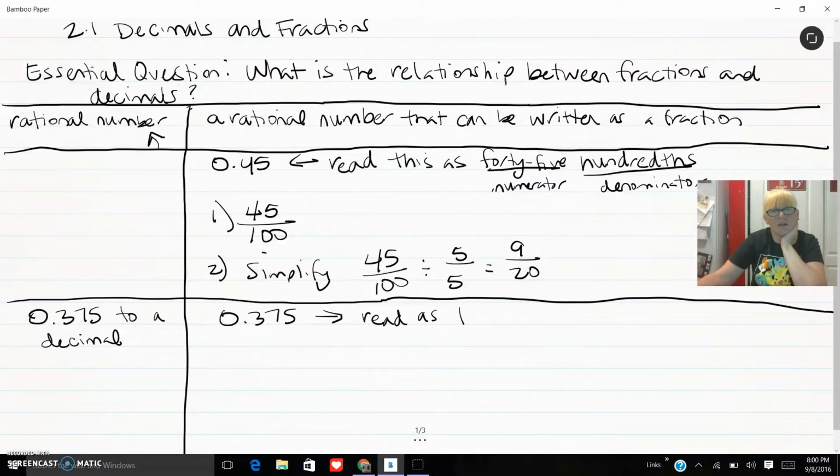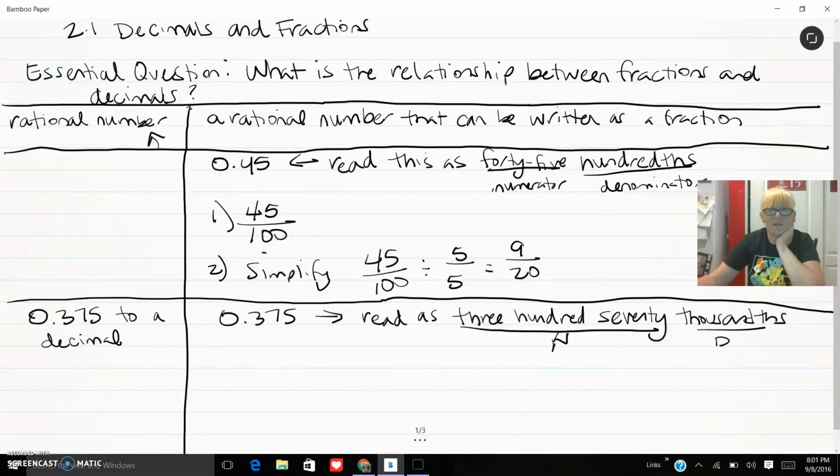And that is 375 thousandths. Okay, again, numerator, denominator. So 375 over 1,000. And as always, I simplify.